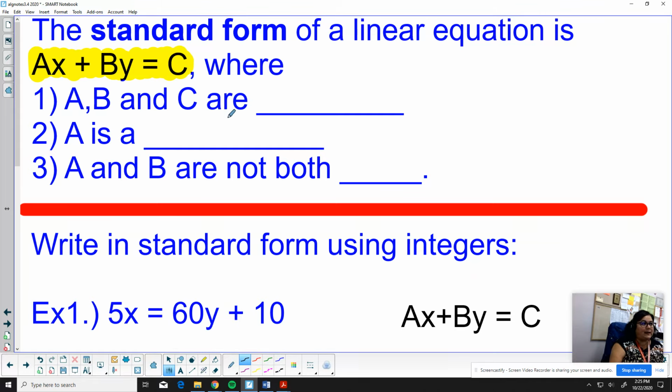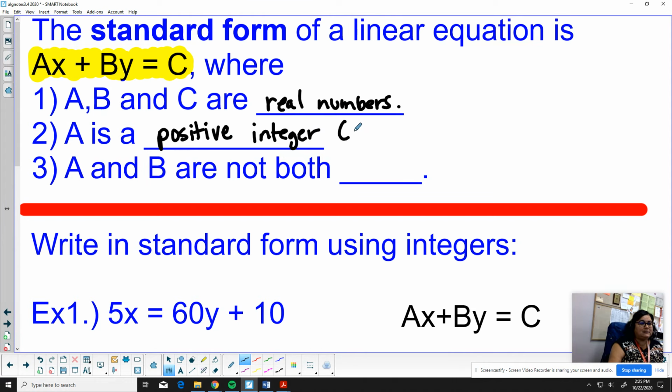The first rule is that A, B, and C are real numbers. And honestly, most of the times they are. It's very rare that you have to deal with rule one. Number two is A has to be a positive integer.